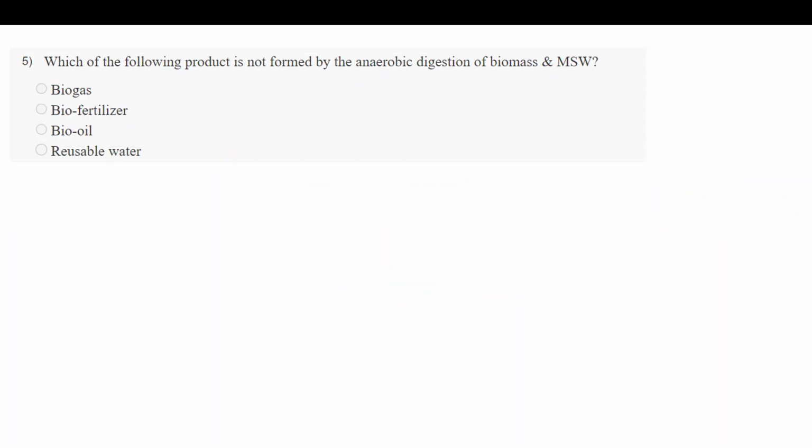Okay. Next question is which of the following products is not formed by the anaerobic digestion of biomass and municipal solid waste? The answer is that biogas is the primary product formed by anaerobic digestion, because microbes convert organics in the absence of oxygen into methane.